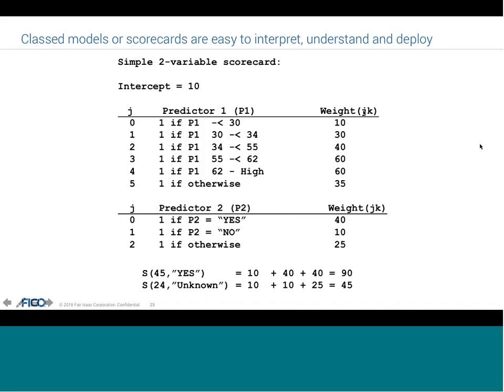The visual aspect is particularly helpful, especially for non-modelers. Looking at this, I can get a very quick view of things like which one of these predictors is going to have a stronger effect in my final score. If I look at the neutral points for each of these two, 35 neutral points for predictor 1, 25 neutral points for predictor 2, you can think of that as average.